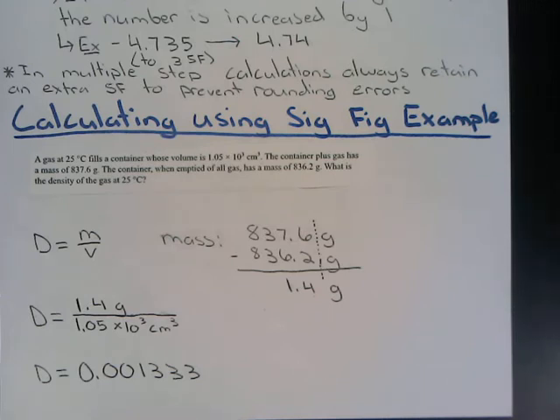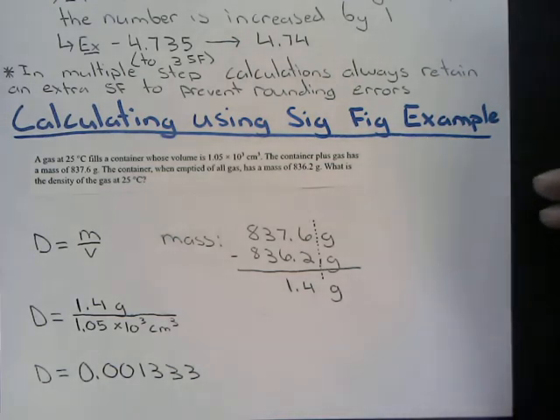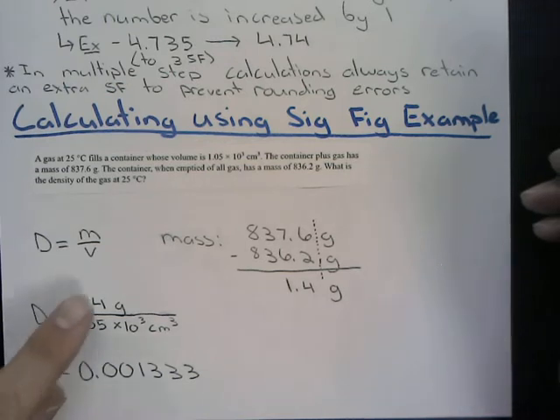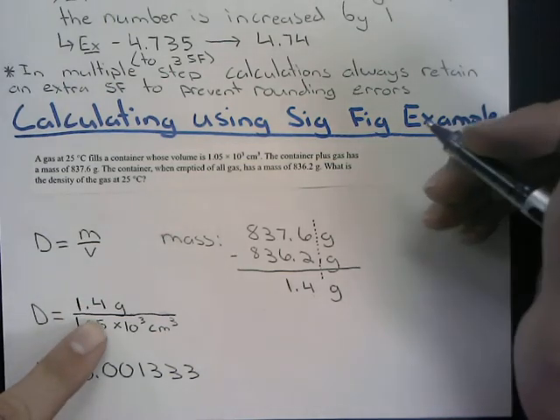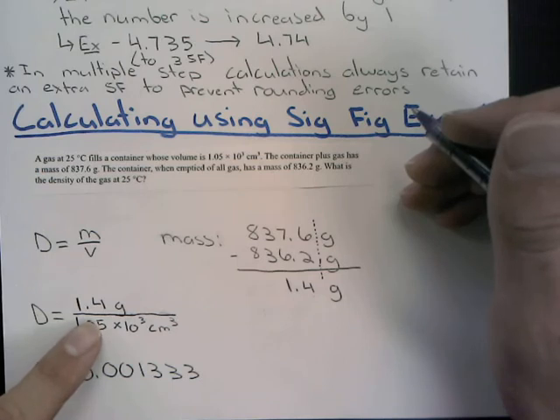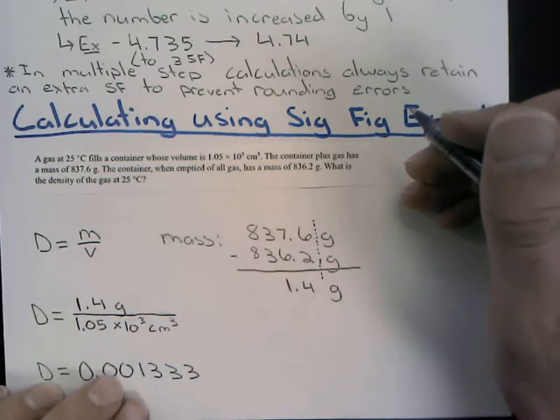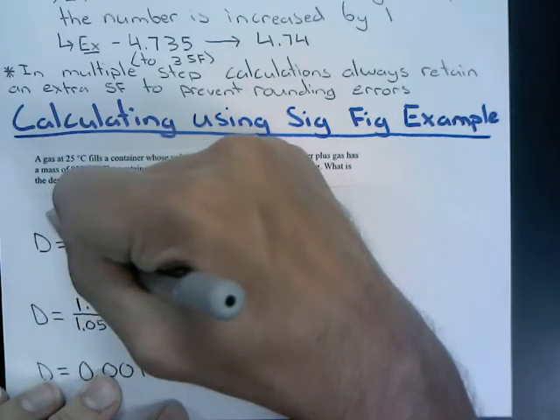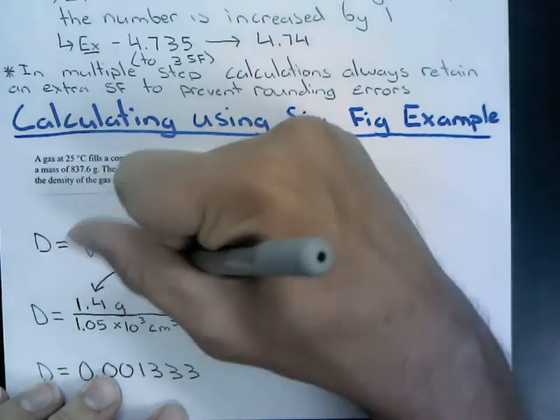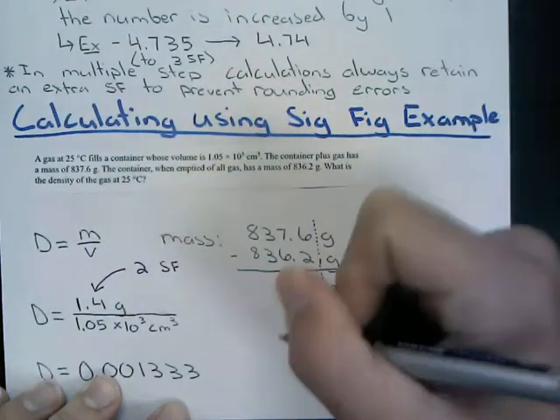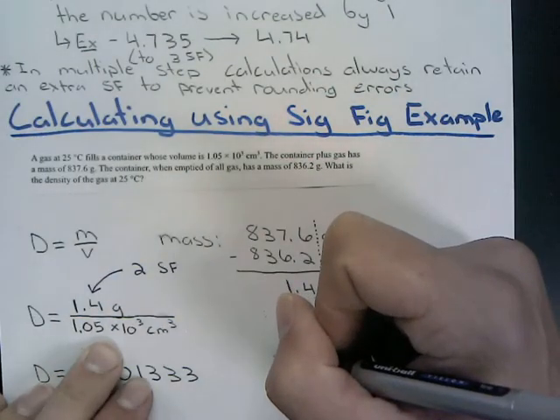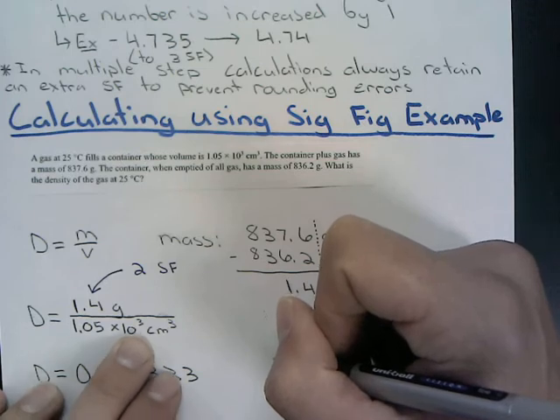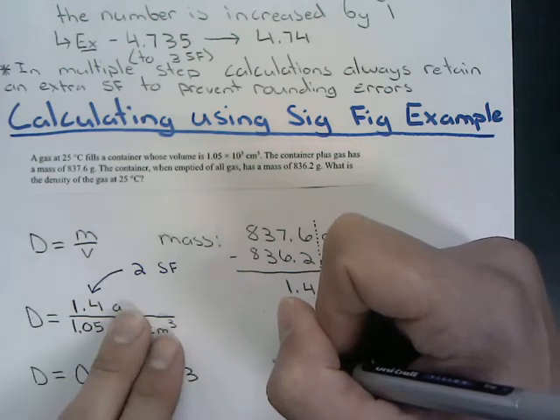So now we turn to, well, what do we round to? Well, we did a division here, and so the rule for division is that we round to the least number of significant digits involved in that calculation. So 1.4 has two significant figures. 1.05, now in scientific notation, we don't count the times 10 to the 3 business, just what's in front.